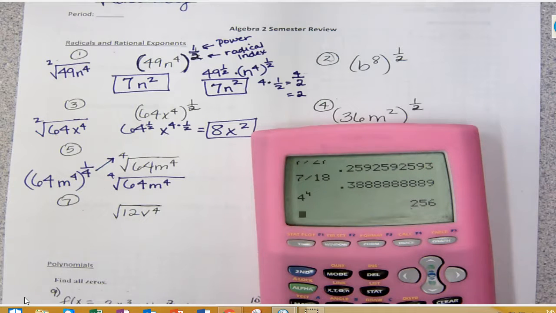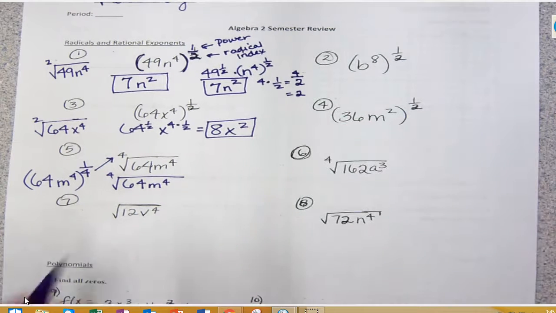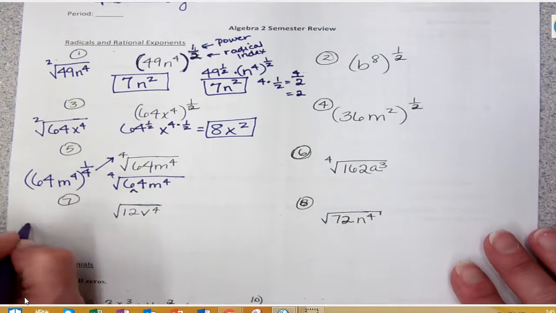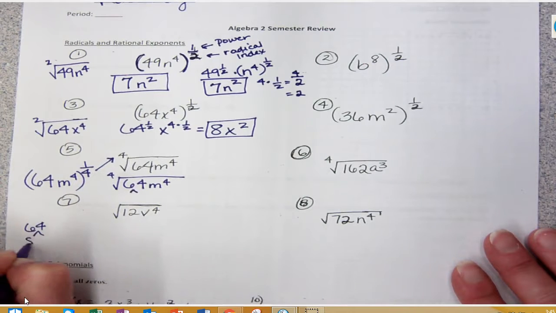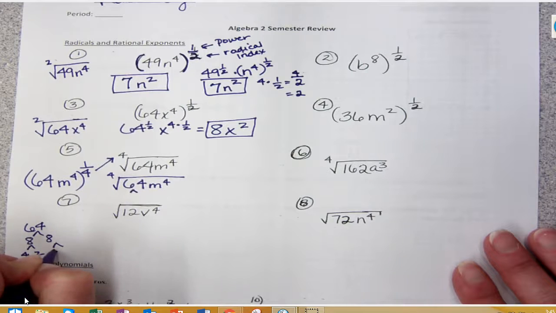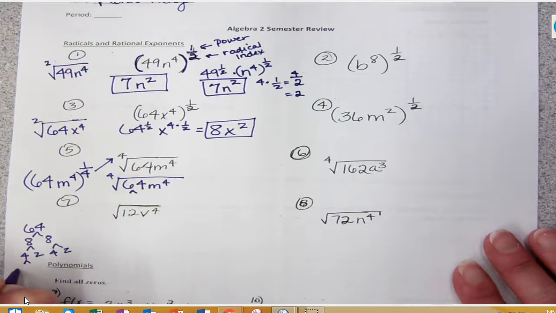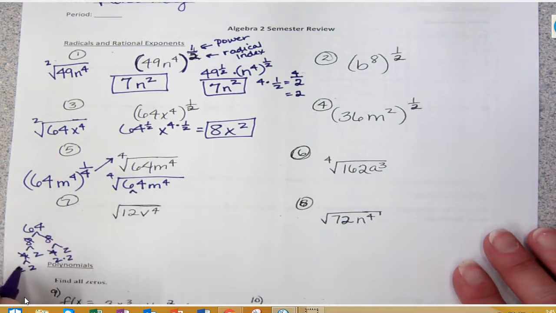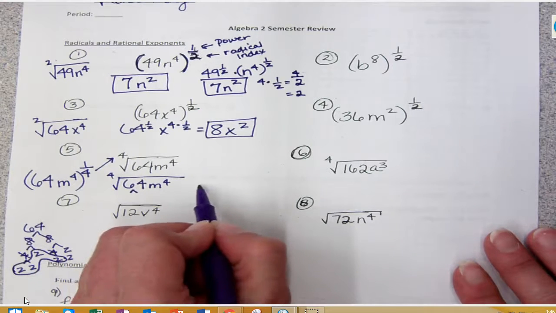So you know that this can be broken down into, if we're going to do it that way, 64 is 8 times 8, which is 4 times 2, which is 4 times 2, which is 2 times 2, which is 2 times 2. So we're looking for 4. So we got 1, 2, 3, 4 2's. So a 2 is going to come out of there.